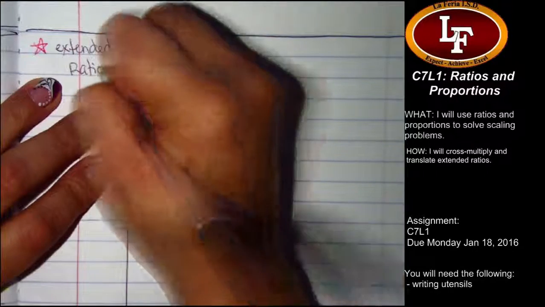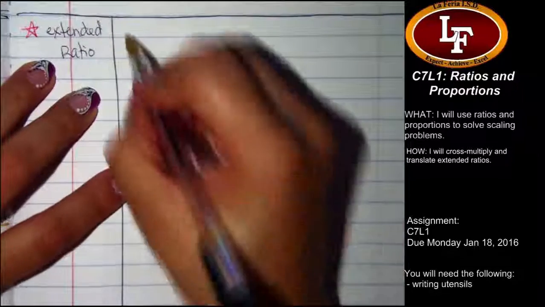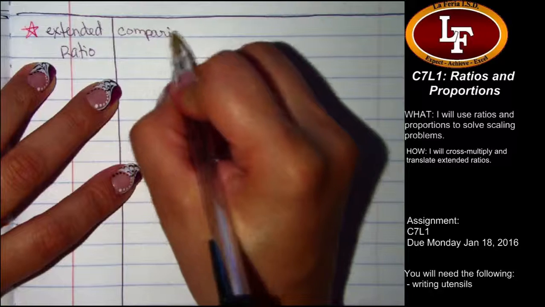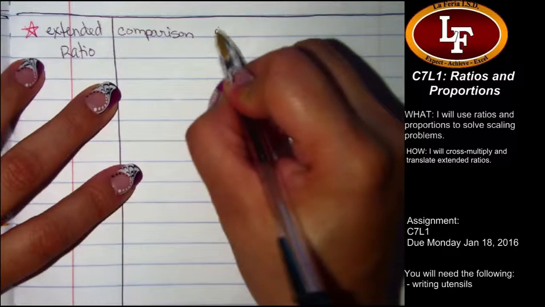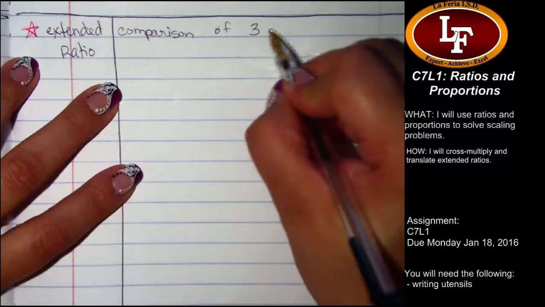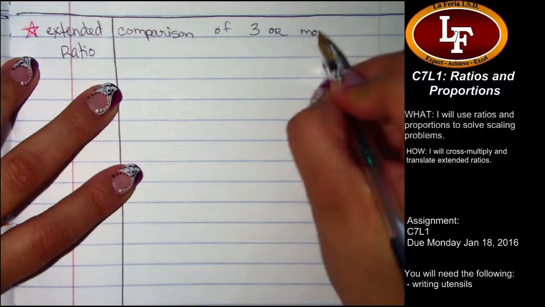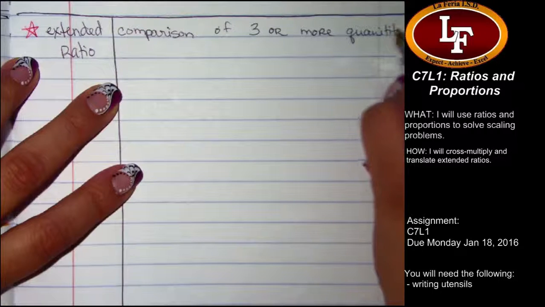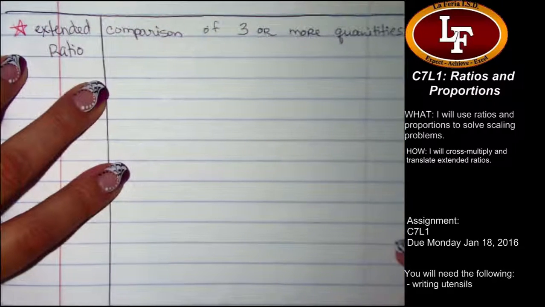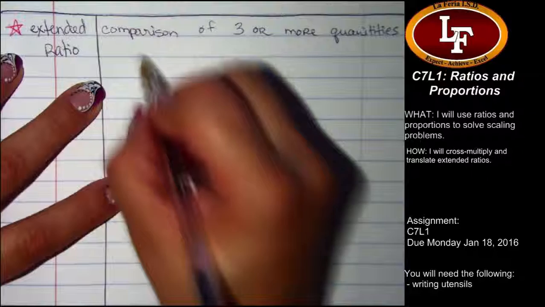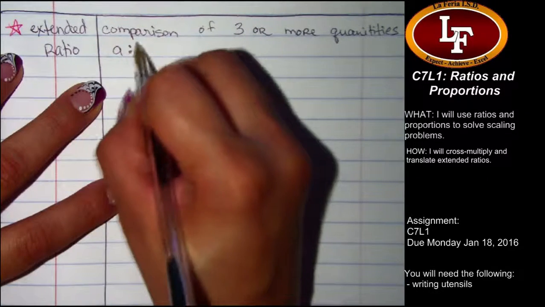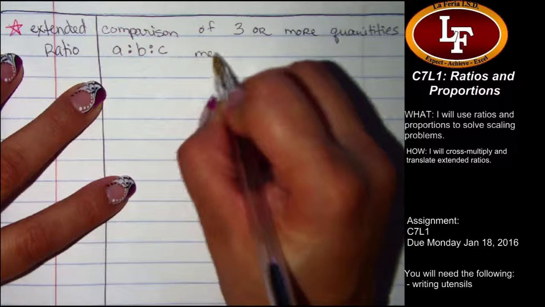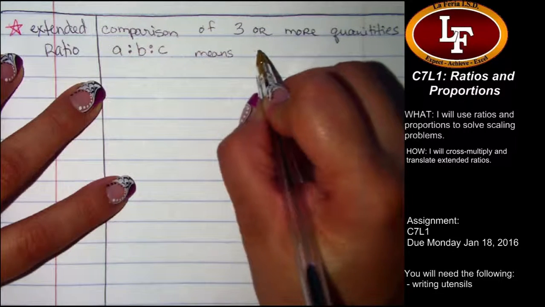The next concept to talk about is the extended ratio. It's related to the regular ratio in that it is a comparison, but instead of just 2 quantities, we now have 3 or more quantities that we are comparing. Just like the regular ratio, it can be written this way: A to B to C, which means you end up with 3 different ratios.